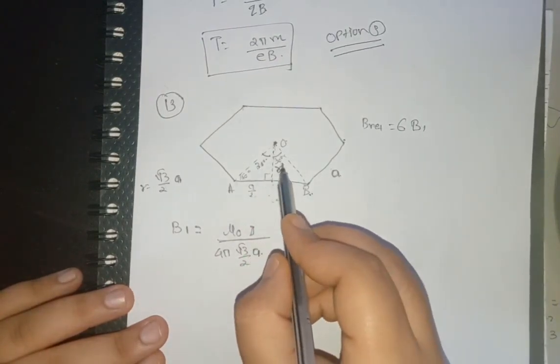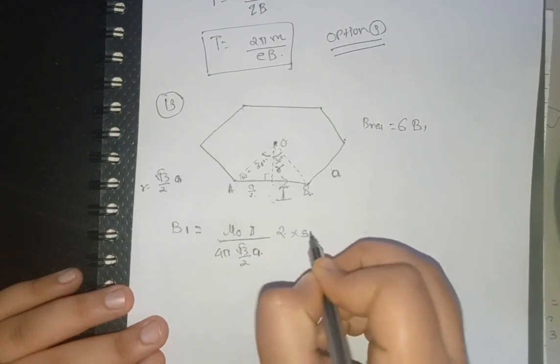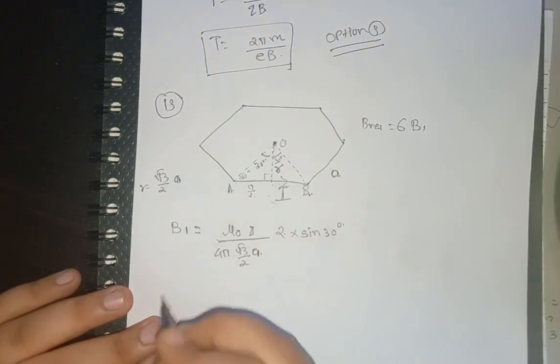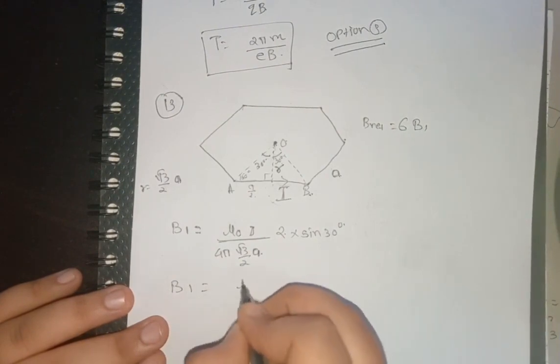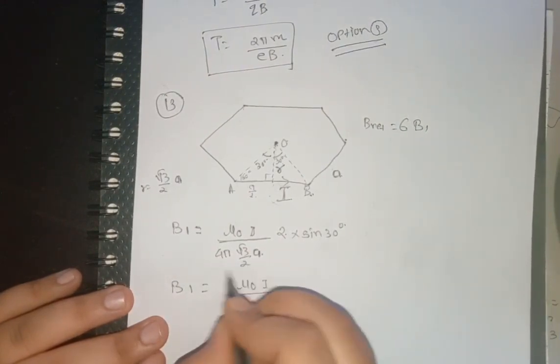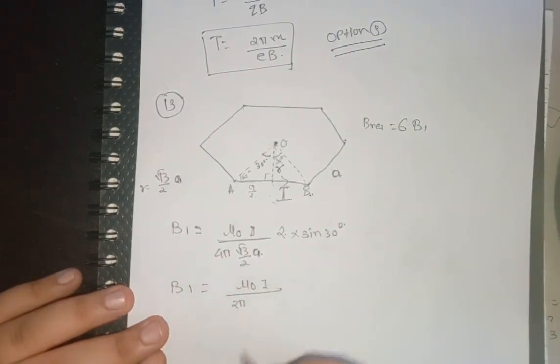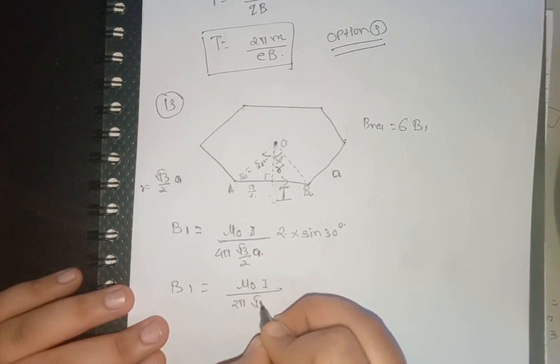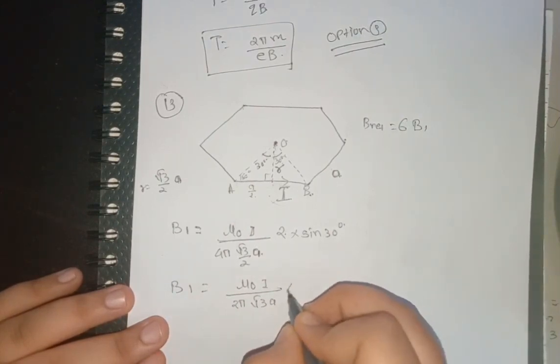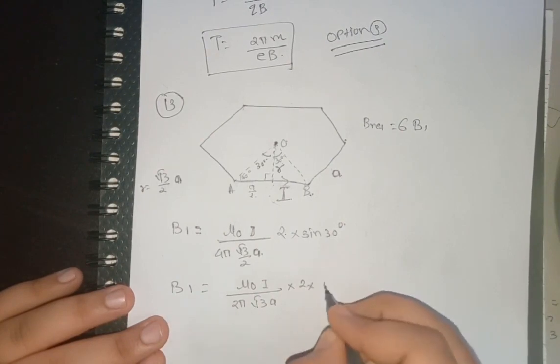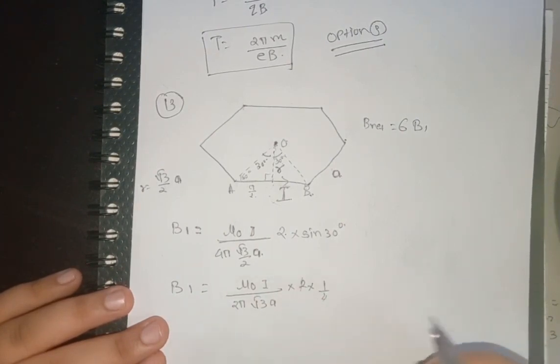Here theta 1 and theta 2 both are the same, so we can write 2 times sine of 30 degree. So B1 will be mu naught I divided by 2 pi root 3 a into 2 sine theta, which is 1 by 2. This 2 and 2 will get cancelled out.